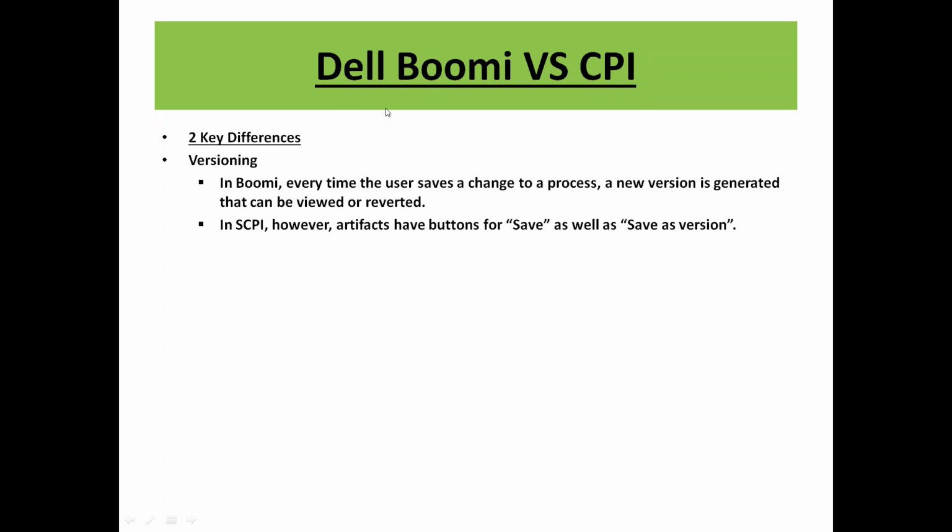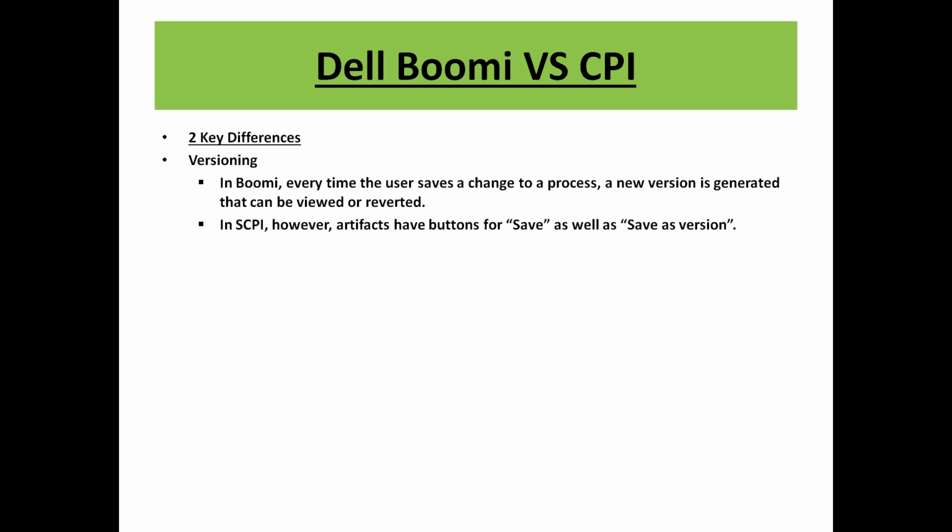Okay, the key differences between Dell Boomi and CPI. Mainly, versioning is the difference. In Dell Boomi, whenever you make any change to the integration flow, a new version is automatically generated, so you don't need to manually mention the version.